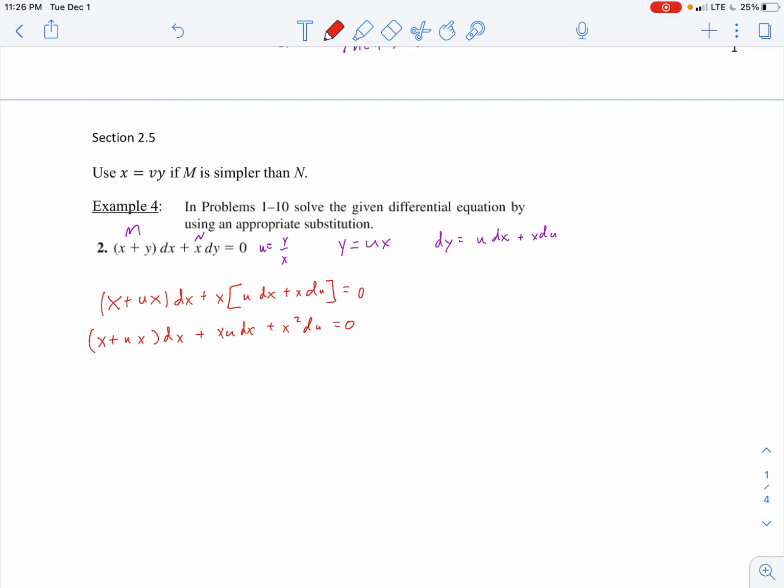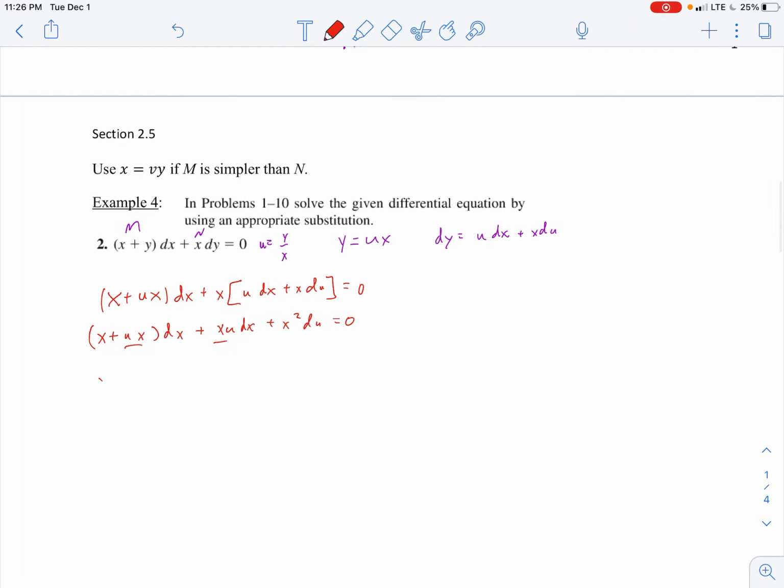All right, now I'm going to get all my dx's to the same part. Now notice here there's a ux plus a xu, so there's really two of those there. So I'm going to have x plus 2ux dx plus x squared du equal to 0.